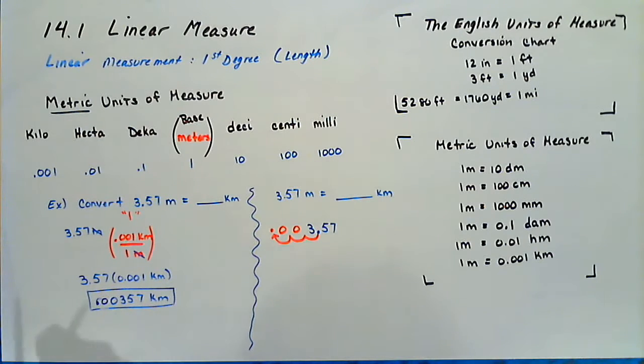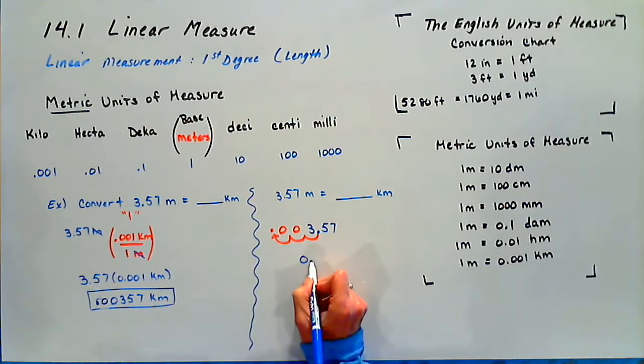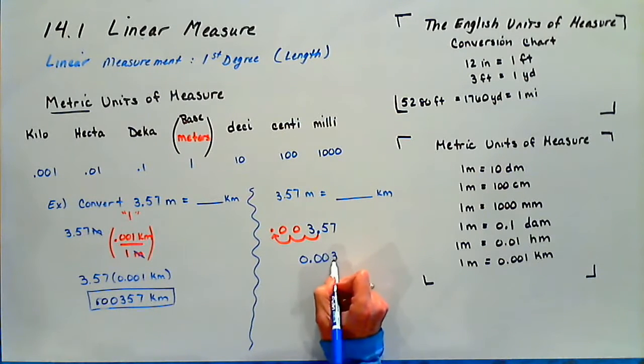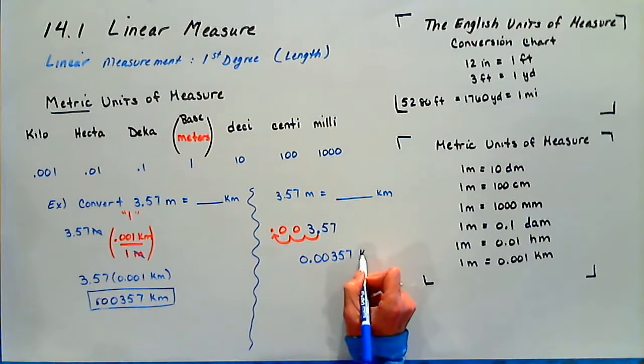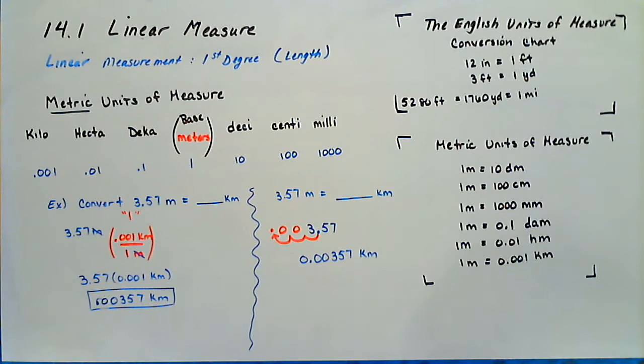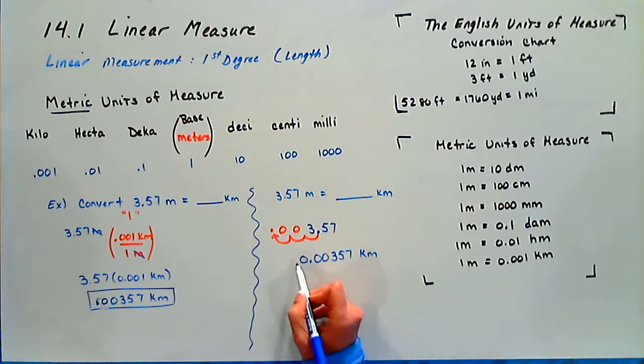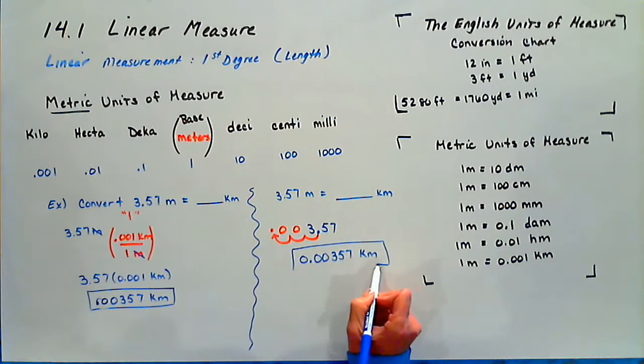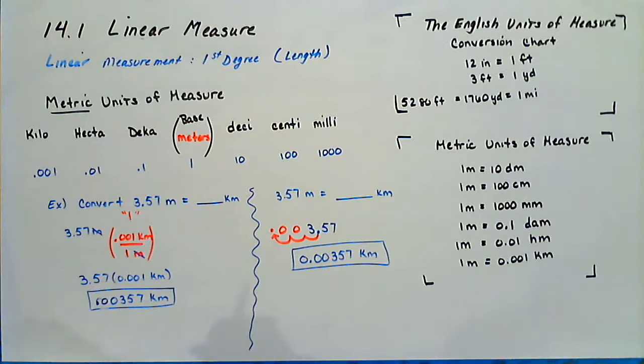I should get 0.0000357 kilometers. Sorry about that. I better do another example so you trust me. As an educator, it's rough when you make a simple arithmetic mistake on the first example.